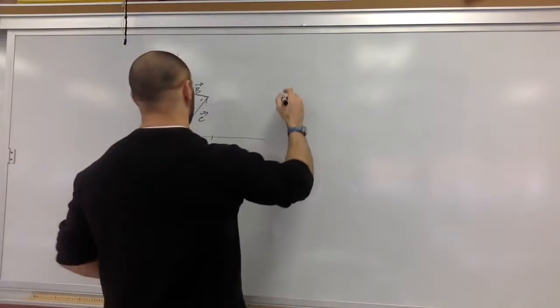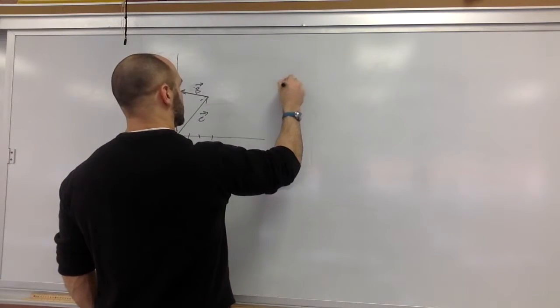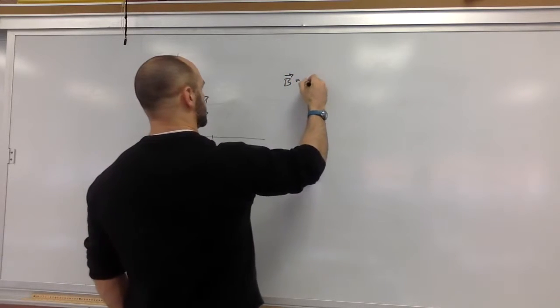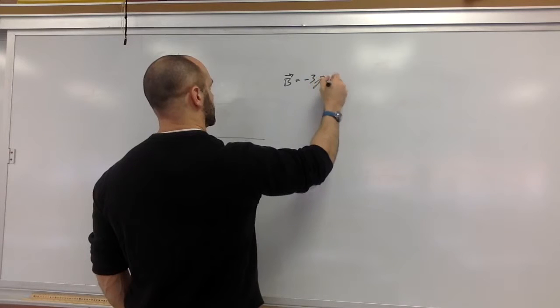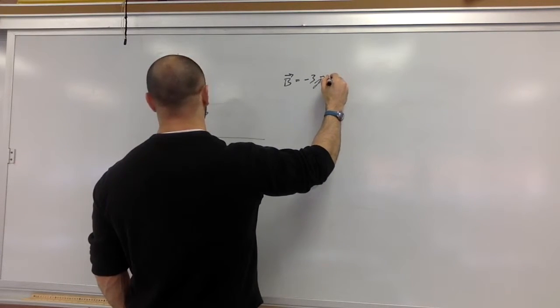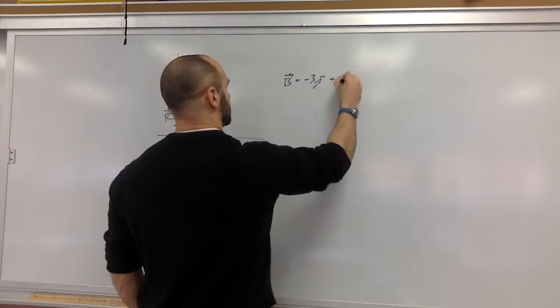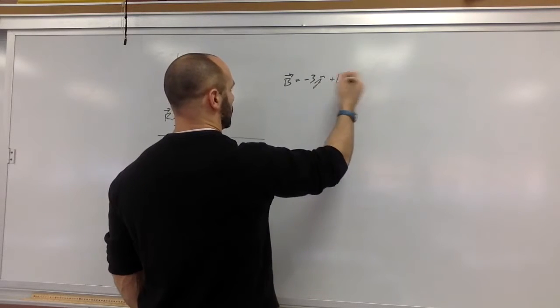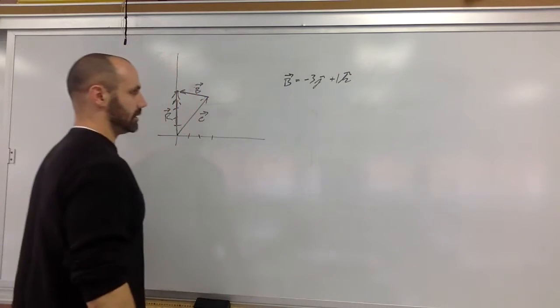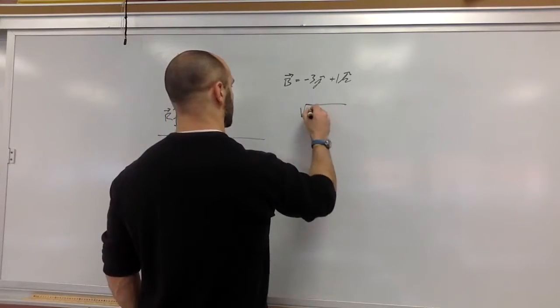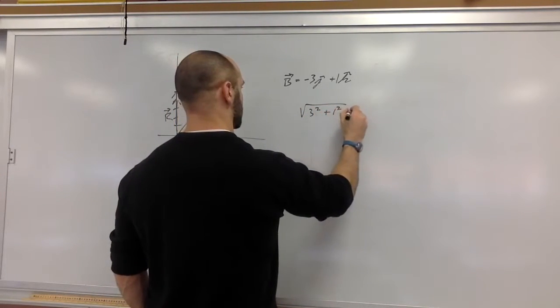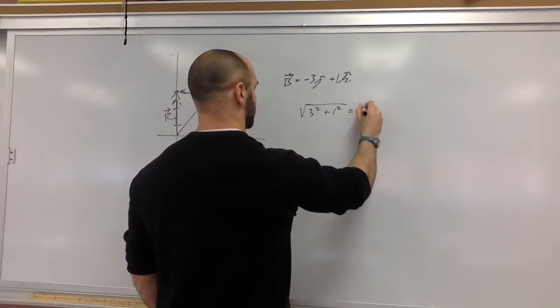And so then B is negative 3i plus j. I could put 1j there, but it's redundant. And so then the magnitude of this is going to be the square root of 3 squared plus 1 squared, which is the square root of 4.